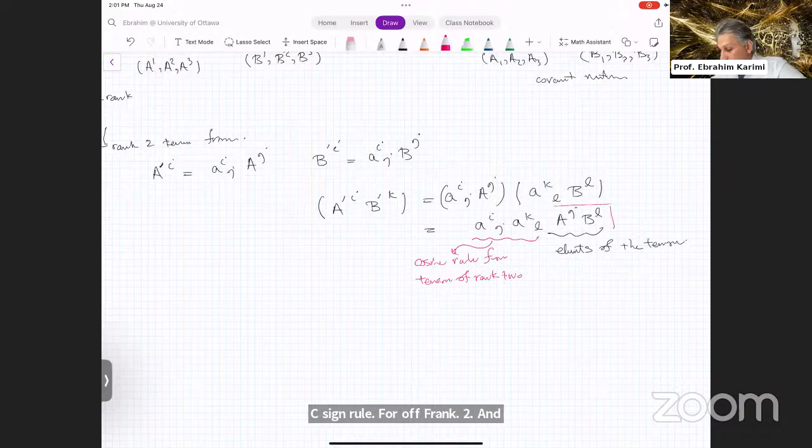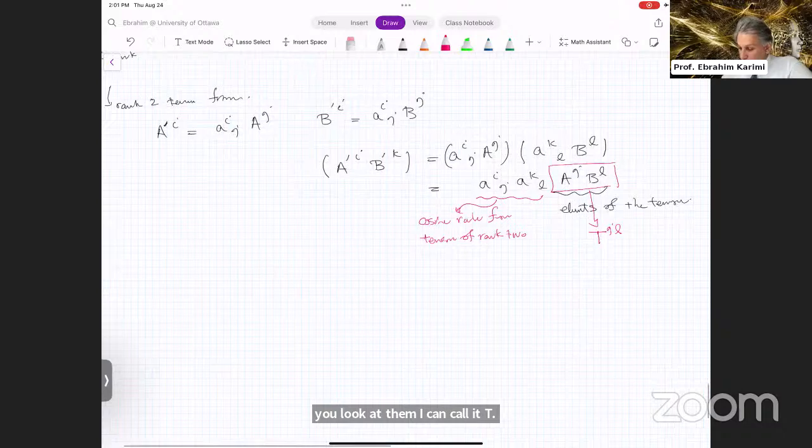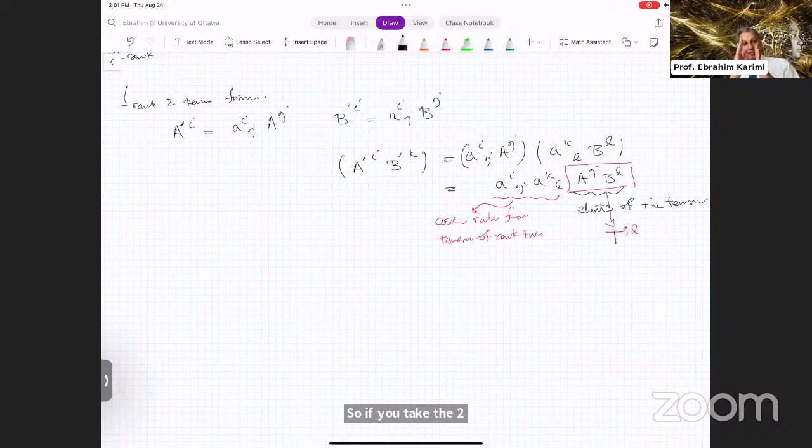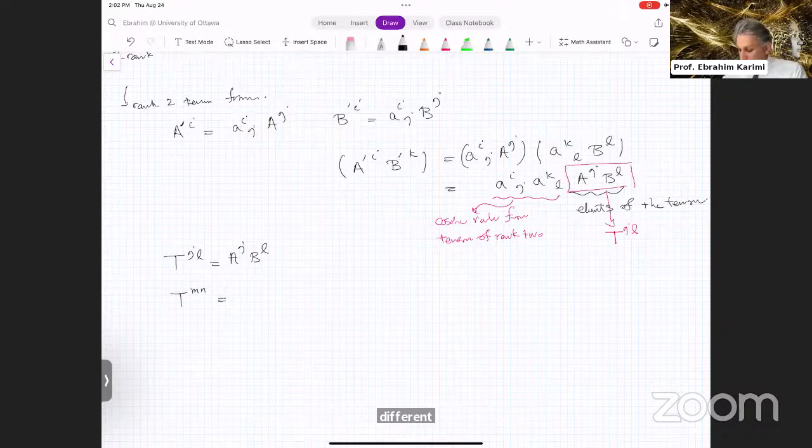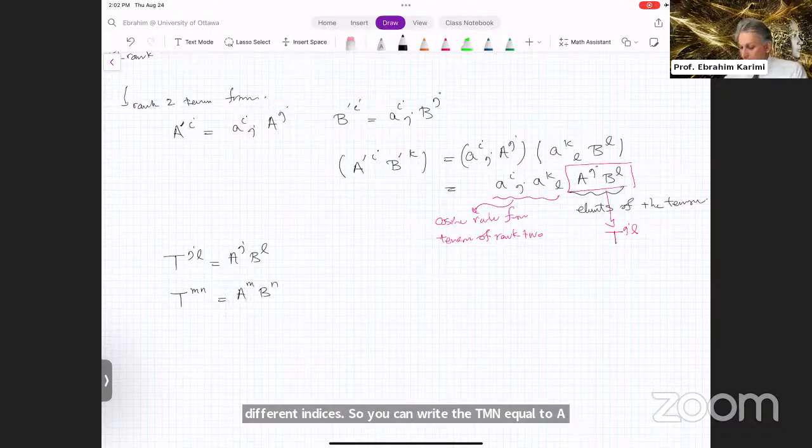And that one, indeed, I can call T_jl. So if you take two vectors and multiply the elements together in this way, T_jl equals A_j B_l. Or you can write it in a simple way, since I used different indices: T_mn equals A_m B_n. Then you are building up a tensor of rank 2, a second rank tensor.